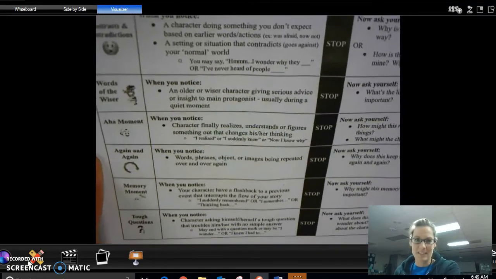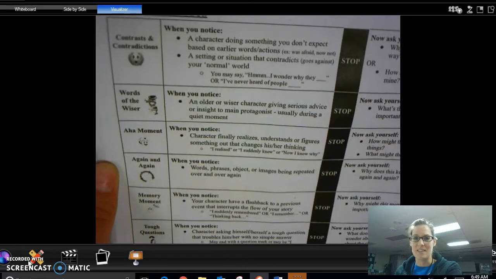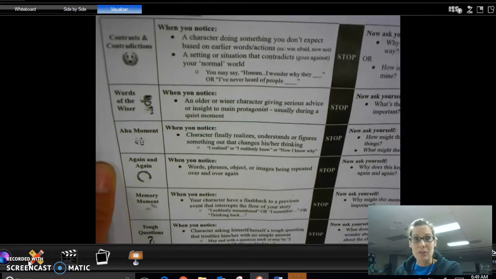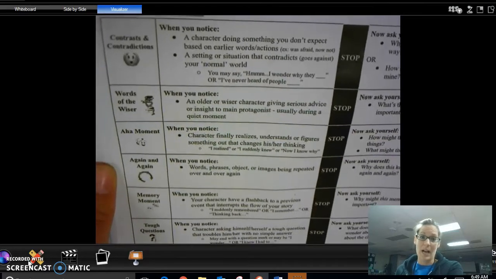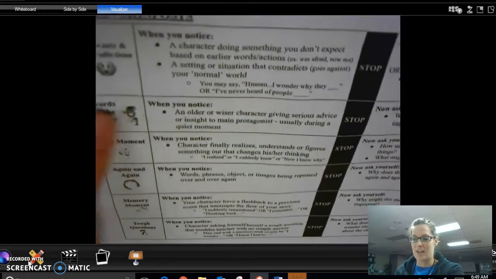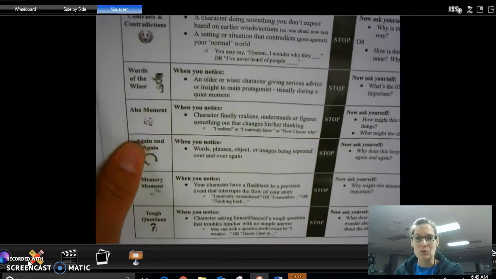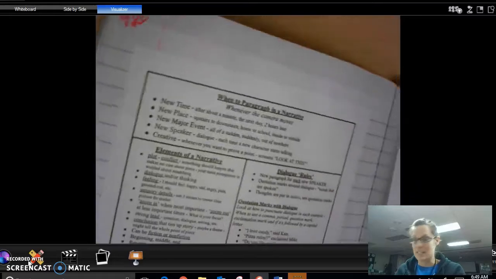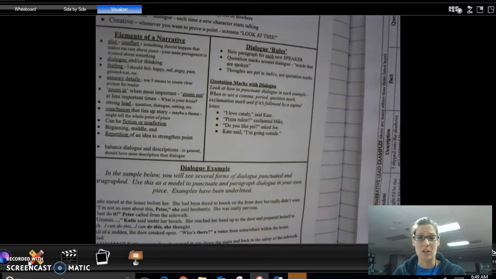This is exactly what writers do. So as a reader, if you're noticing these things, think about how as a writer you could create these noticings for your reader: again and again, a memory moment, tough questions, aha's, words of the wiser, contrasts and contradictions. So how can you do that in your piece? Again, this is quite a bit of information. I don't expect you to do all of this. It's just some stuff I want you to be thinking about.